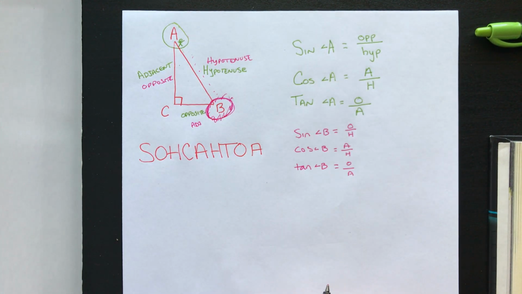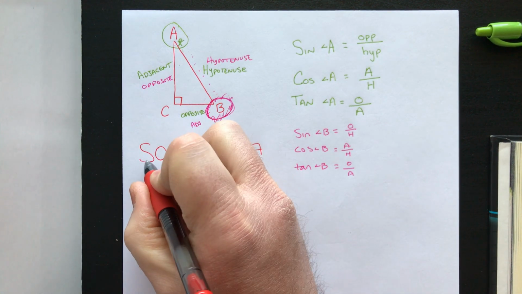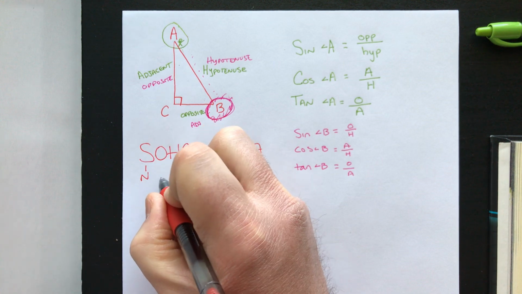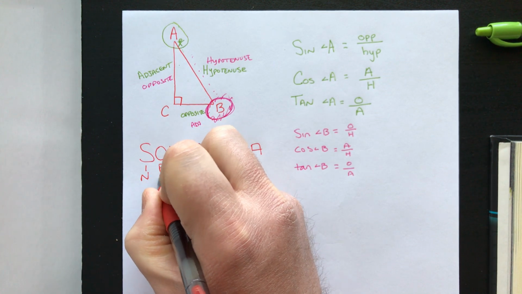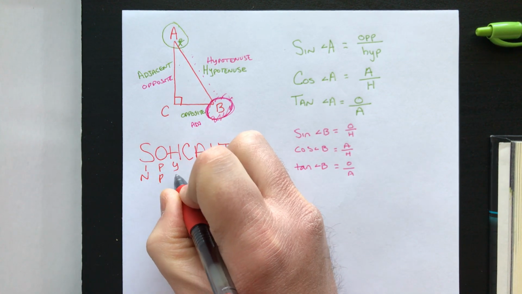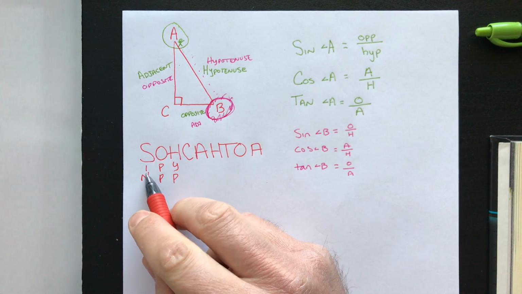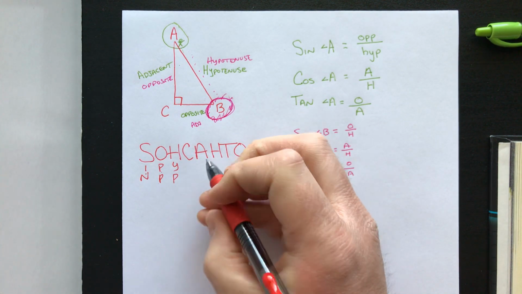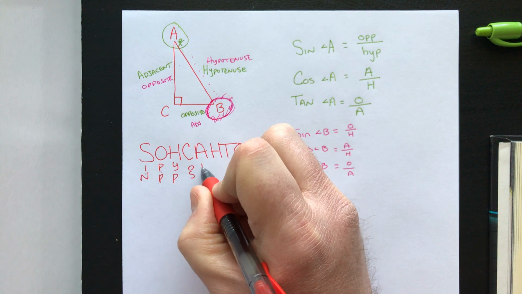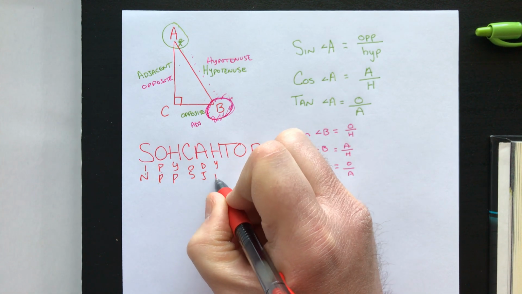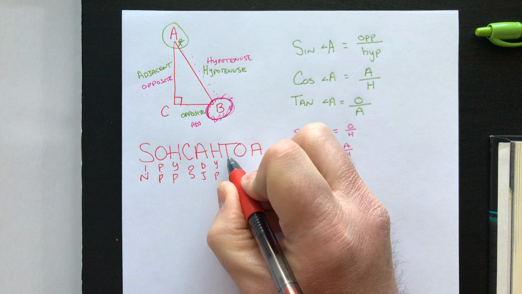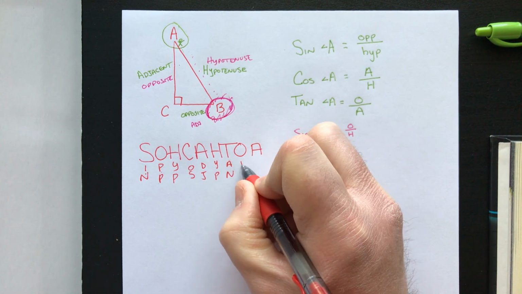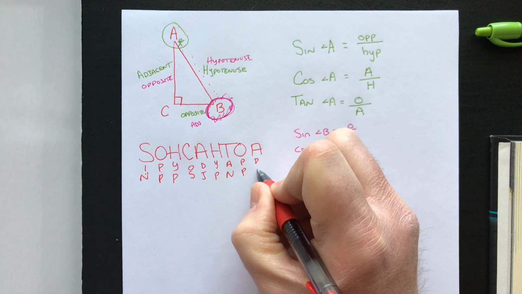So there's SOHCAHTOA. What this stands for, the sine equals opposite over hypotenuse. Cosine equals adjacent over hypotenuse. Tangent equals opposite over adjacent.